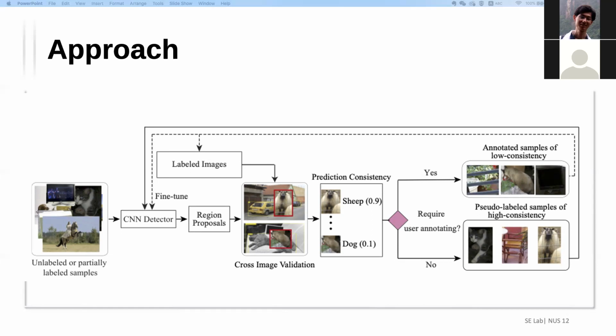For proposals with high consistency, we trust the model and use the model's prediction as pseudo labels and append them to training. For proposals with low consistency, we need to ask a human to label them and append them to training.